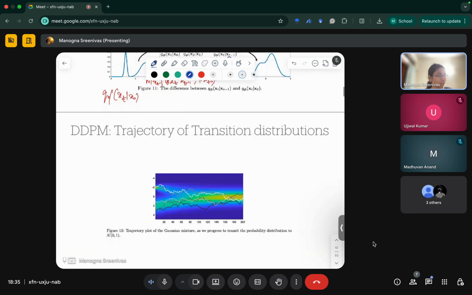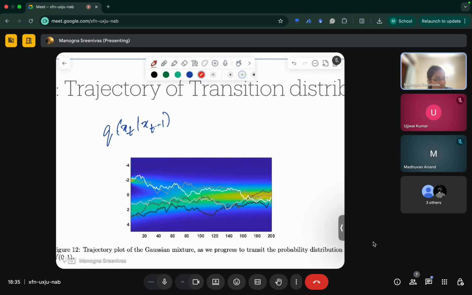So if you look at this intermediate transition, that is q of xt given xt minus 1, eventually it looks something like this. Initially say the Gaussian was like this with peaks at this place and this place.